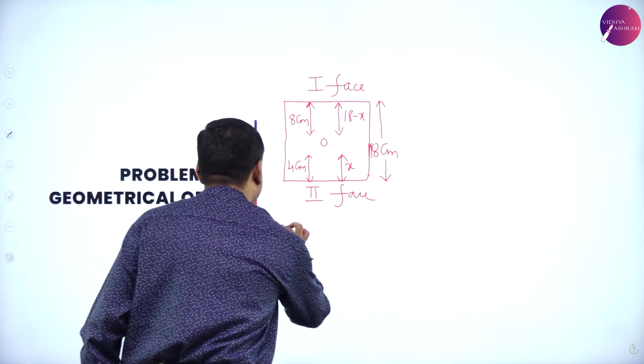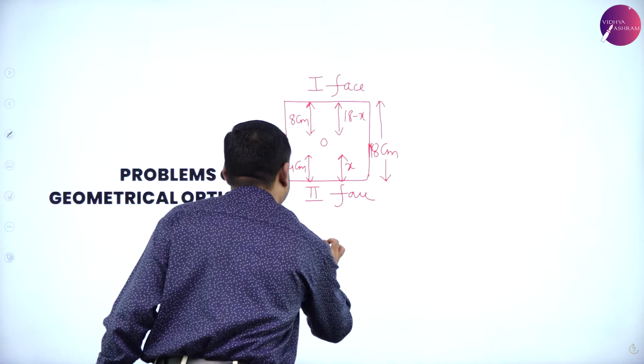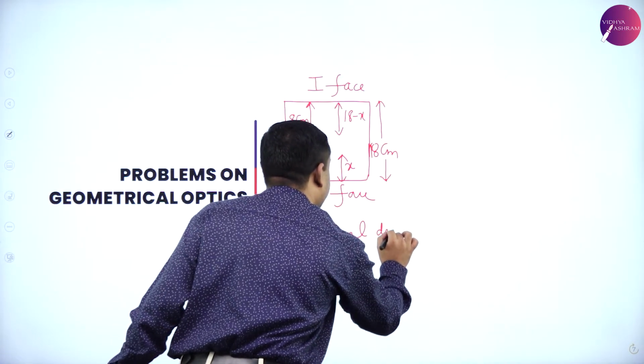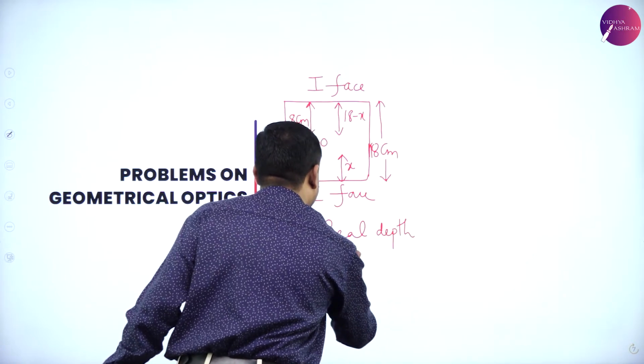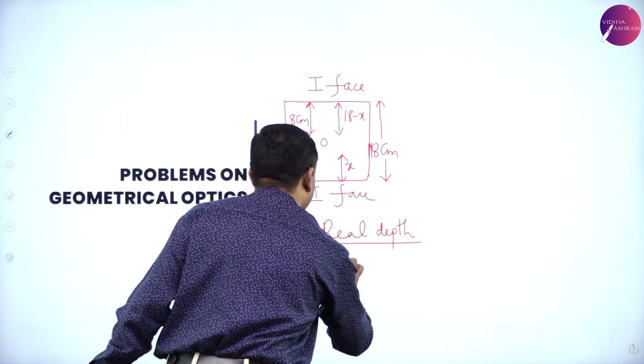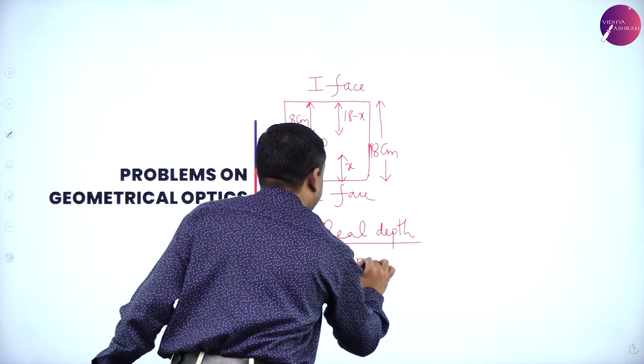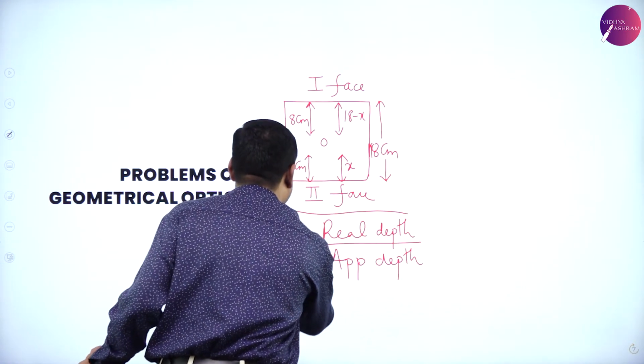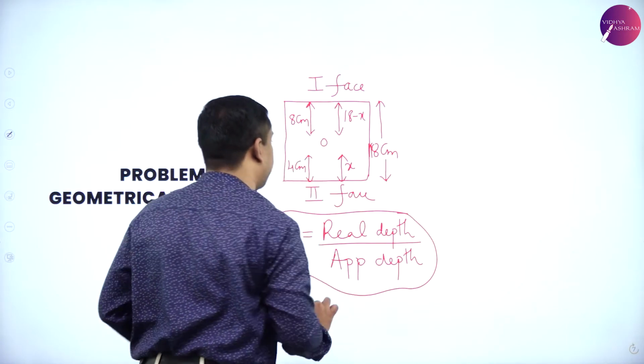And we know refractive index is the ratio of real depth divided by apparent depth. Please do know this relation.